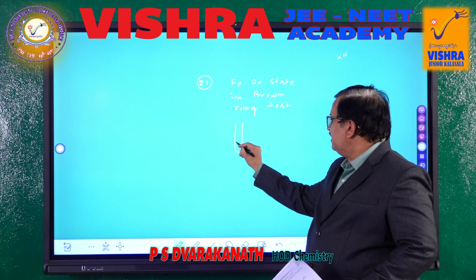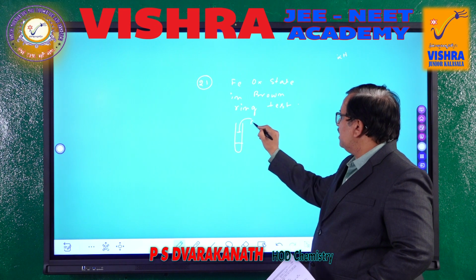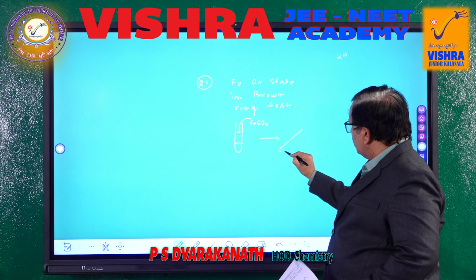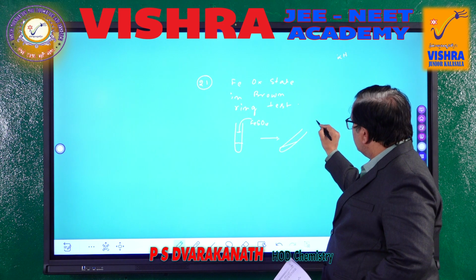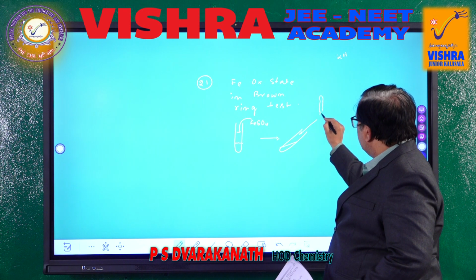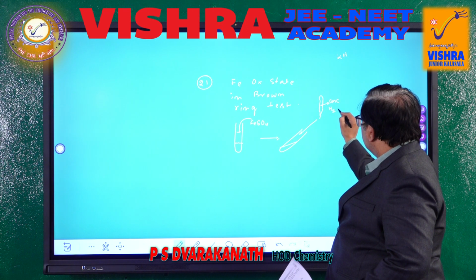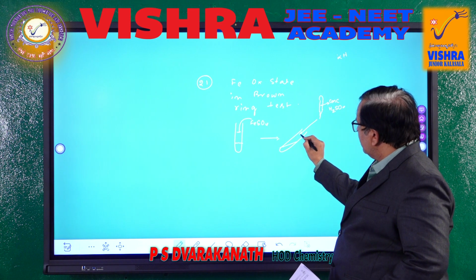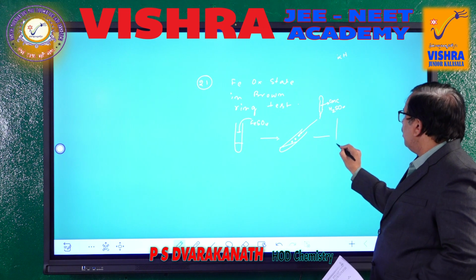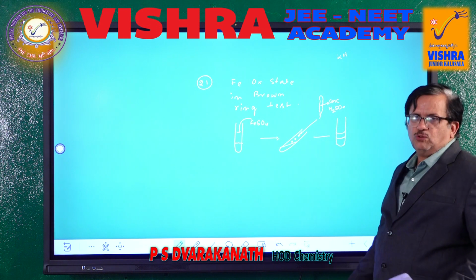We take a nitrate salt, and we add freshly prepared FeSO4 and we place it in a slant position, and then concentrated H2SO4 is added dropwise. Then you will see a brown ring at the junction of the two solutions.